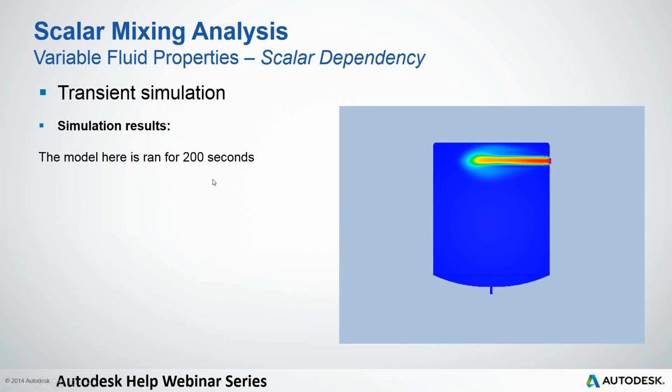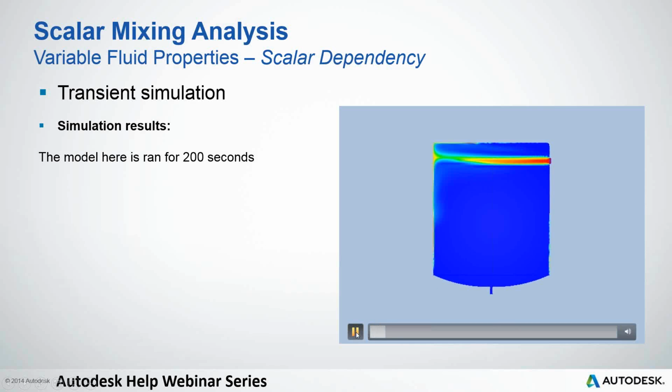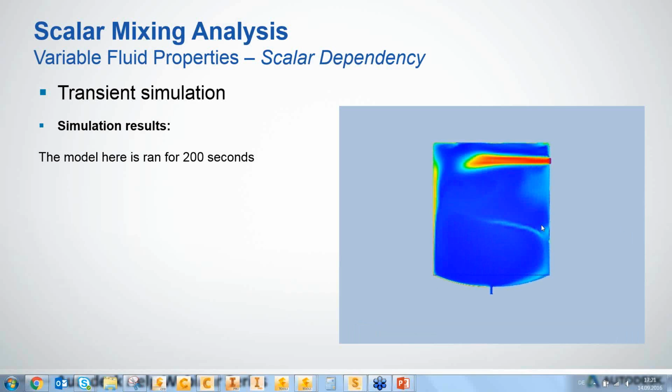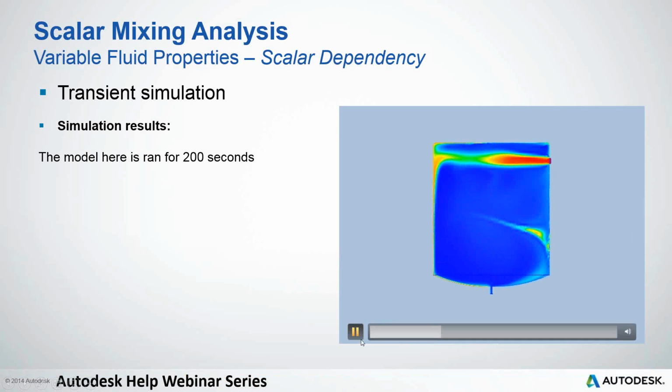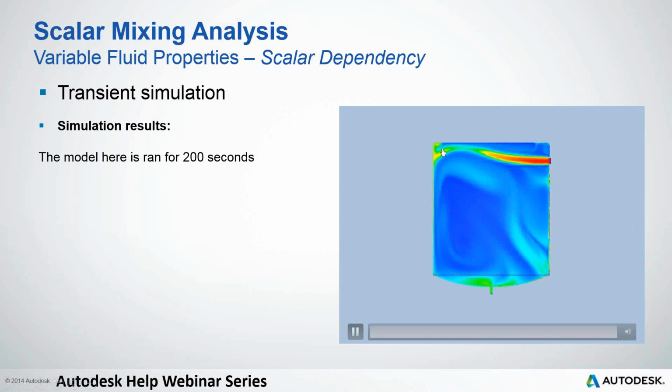Here I recorded the scalar variation for 200 seconds, so you can see the results of the simulation. I didn't complete the simulation till the end because it needs more time, as the dimension of the tank is very big.